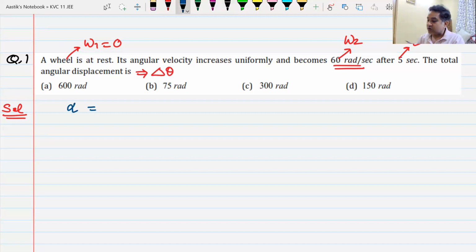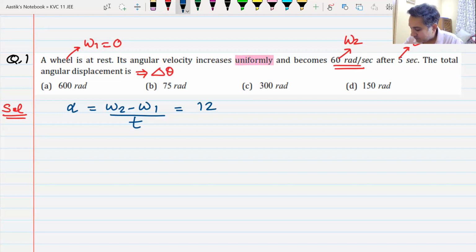Angular acceleration is constant because it is given as increasing uniformly. So how do you find the value of alpha? Omega 2 minus omega 1 divided by t. Do we understand this? I put the values and I get the value of alpha. It will be 12 radians per second square.